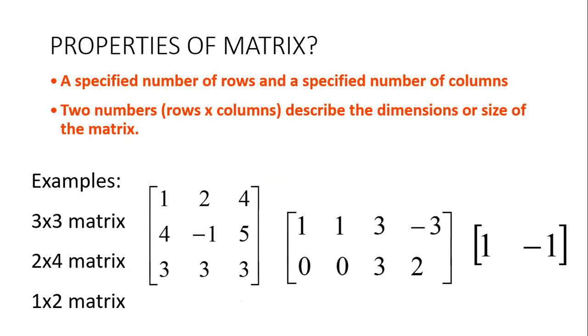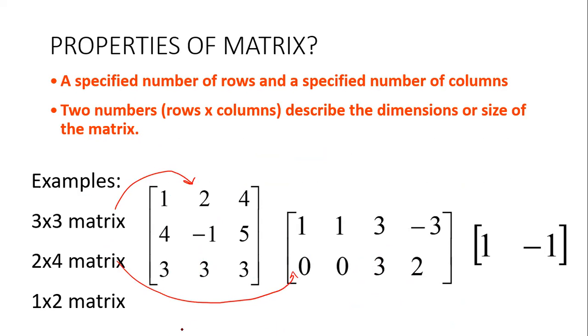Properties of a matrix: a specified number of rows and columns. When you are identifying them, it's your row by your column. The first one that we have is a 3 by 3 matrix, because it has 3 rows and 3 columns. Then this one right here is a 2 by 4 matrix.